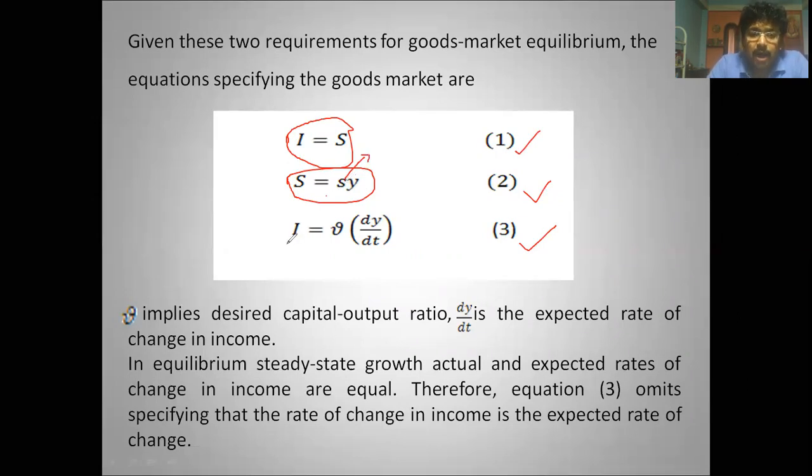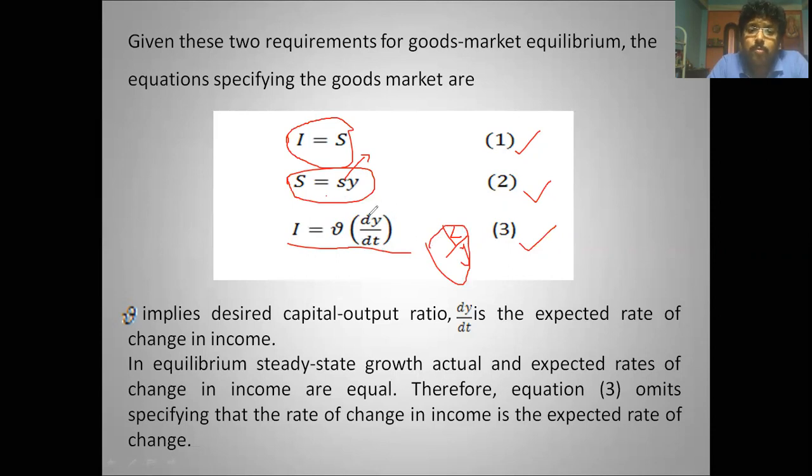And I, which is very important here, is equal to mu multiplied by dy by dt. Mu is the capital output ratio, which I have told you is also constant.